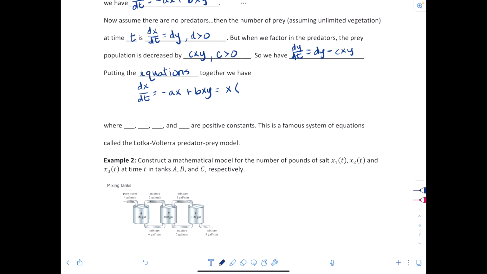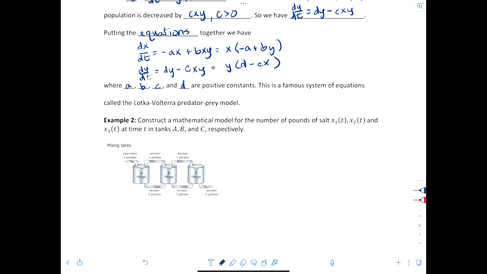And then factoring out the x, we would have x times negative a plus by, and dy/dt would be equal to dy minus c times x times y, which is y times d minus cx, where a, b, c, and d are positive constants.